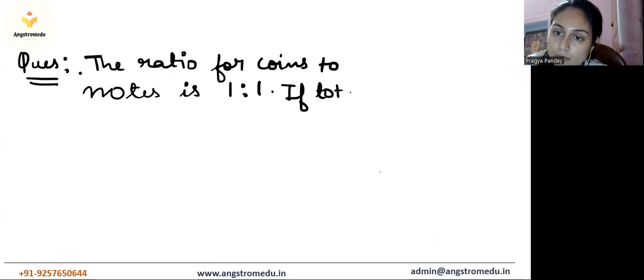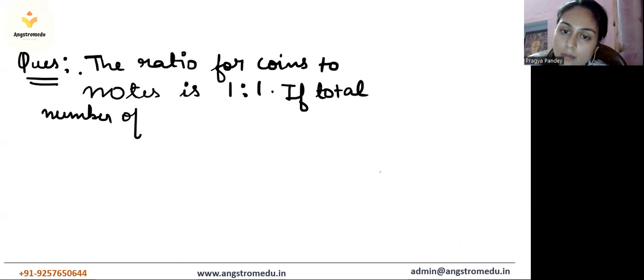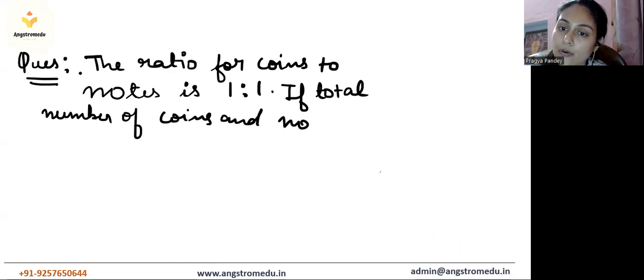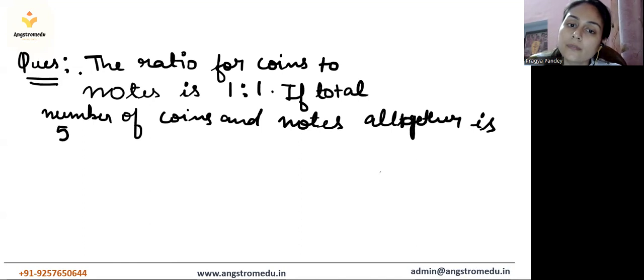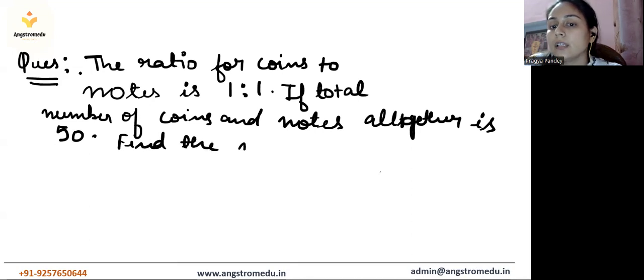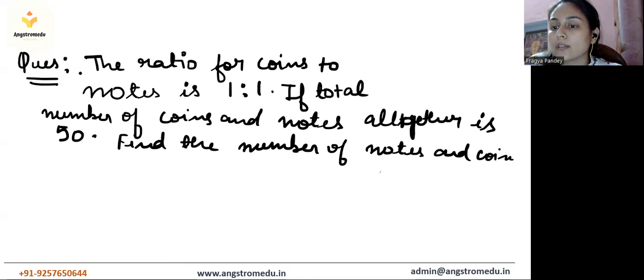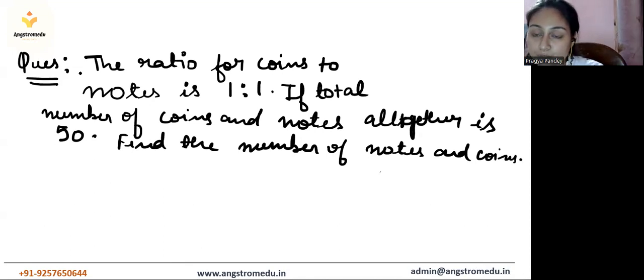If the total number of coins and notes all together is 50, find the number of notes and coins. Okay, so they are saying it is given to you.